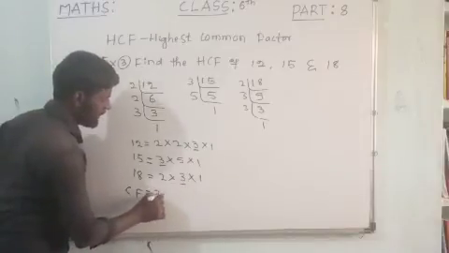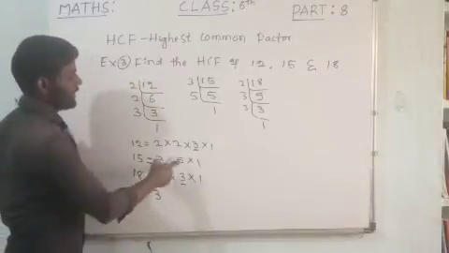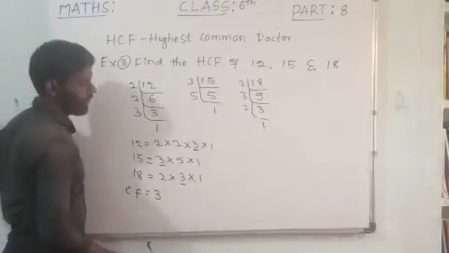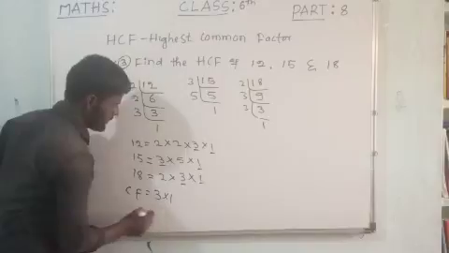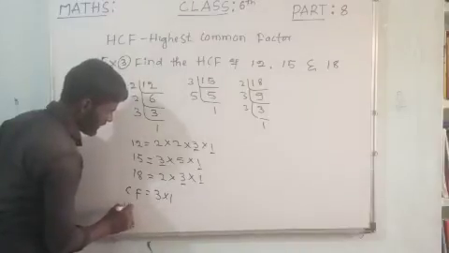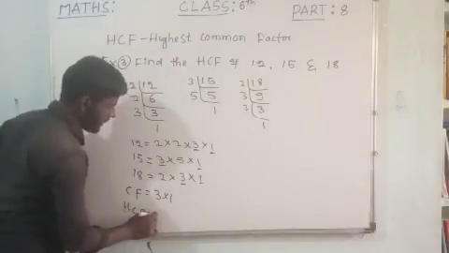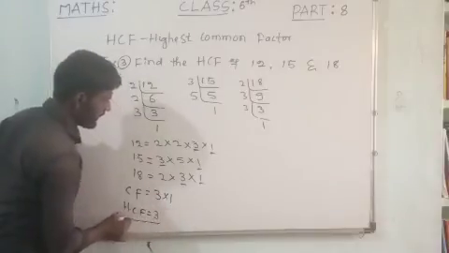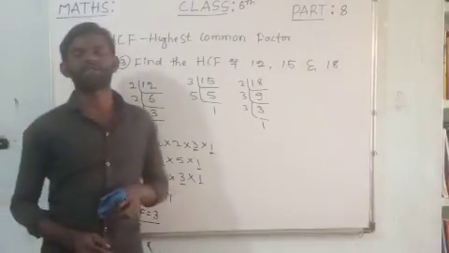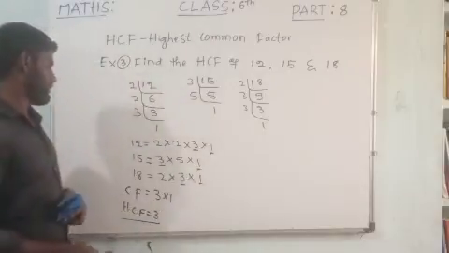So the common factor is 3. And 5 is only in one group. So the HCF of 12, 15, 18 is 3 ones are 3. The HCF of these 3 numbers, dear children, is 3.